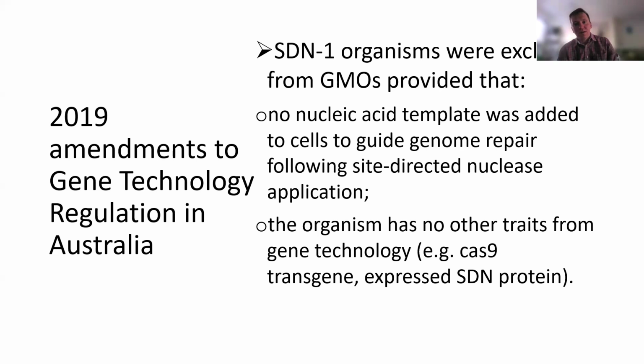There are certain conditions. It's excluded provided that no nucleic acid template is added to cells to guide genome repair following site-directed nuclease modification, and CRISPR generally falls within the scope of this condition. And there are no other traits from gene technology, no Cas9 transgene, no expressed protein.